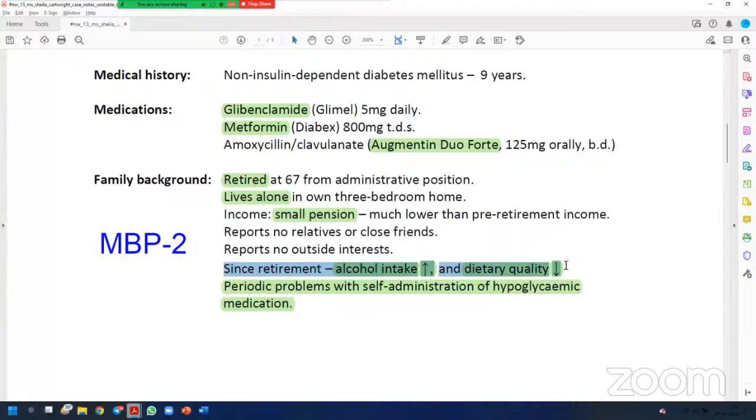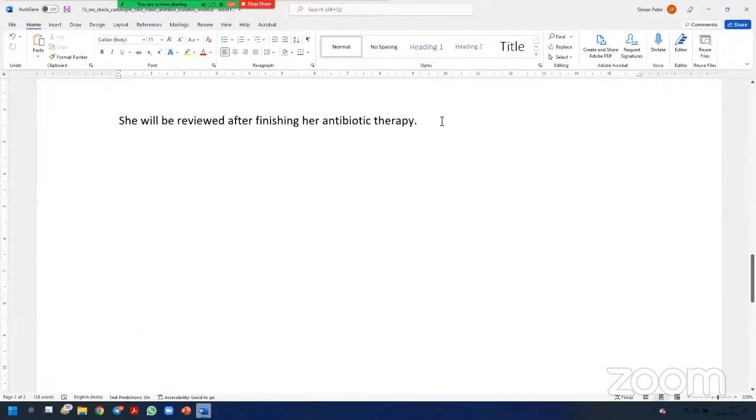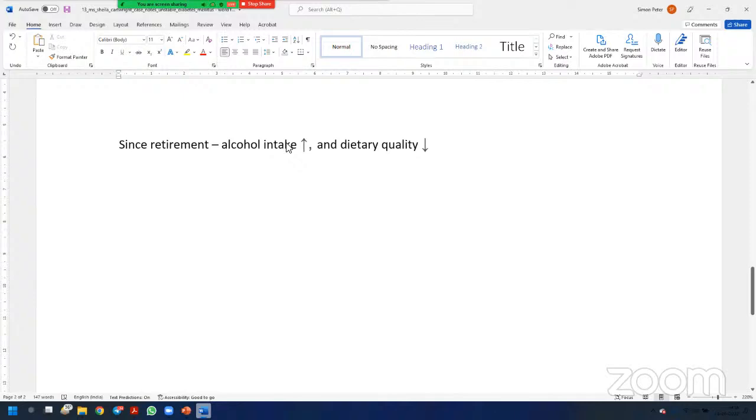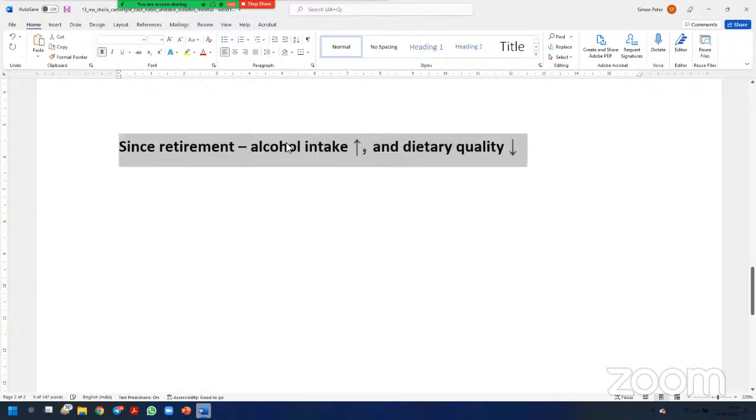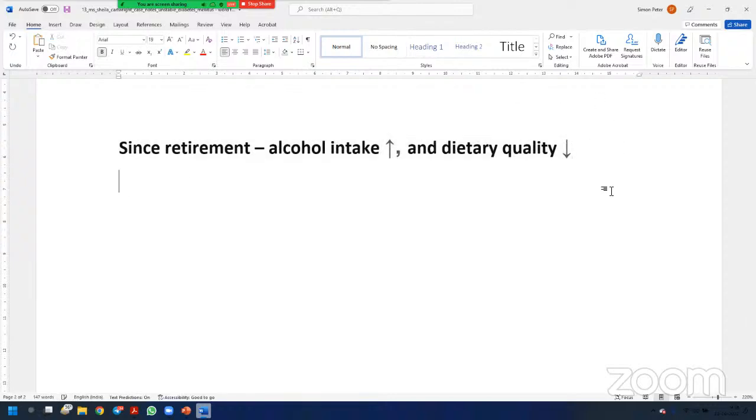So this is the sentence. Now, since retirement, alcohol intake increased and dietary quality decreased.